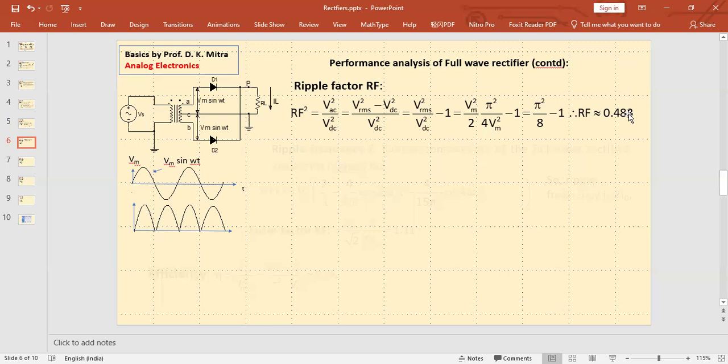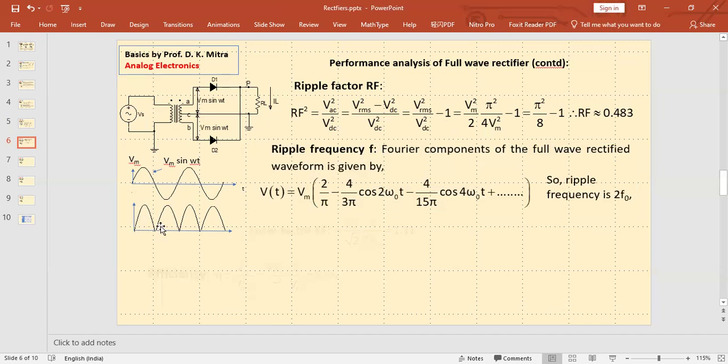Here in the full-wave rectifier, for 10 volt DC, you have 4.83 volt AC. That means about 3 times less, 1/3 of the half-wave rectifier. So if you compare the non-desired AC component, of course, the full-wave rectifier is much better. Then comes ripple frequency.